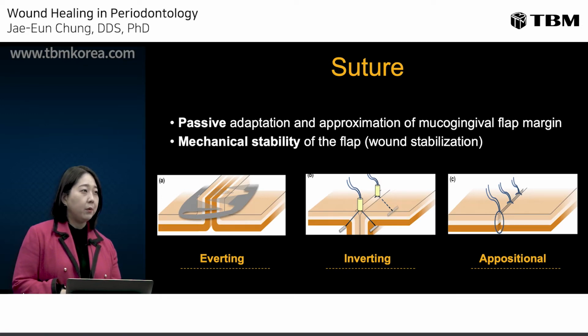Theoretically, the right one, the positional suture patterns, are preferable as they allow the anatomical approximation of the tissue plane. Inverting patterns are usually used in the gastrointestinal surgery field, but in the dental field, everting suture patterns are used because the implant areas often require dispersal of tension force along the wound closure line.